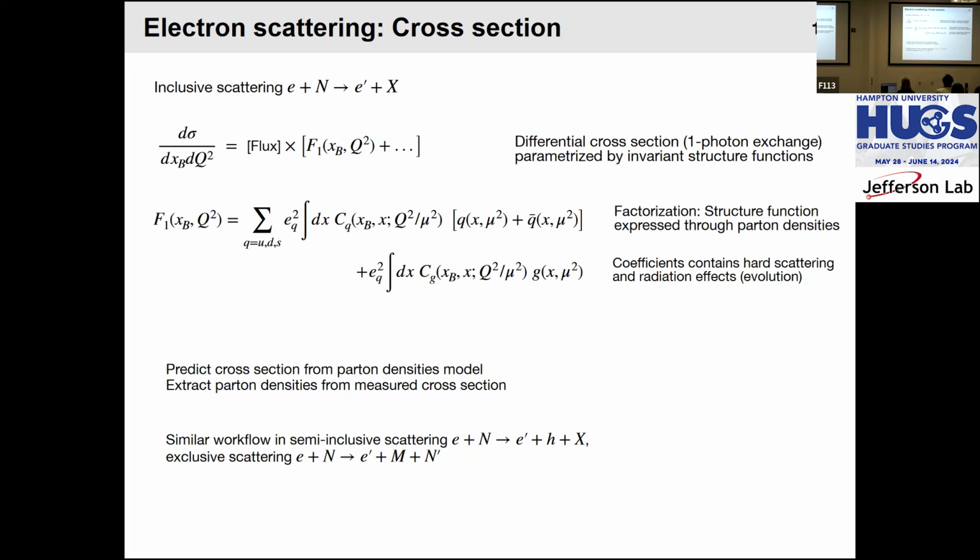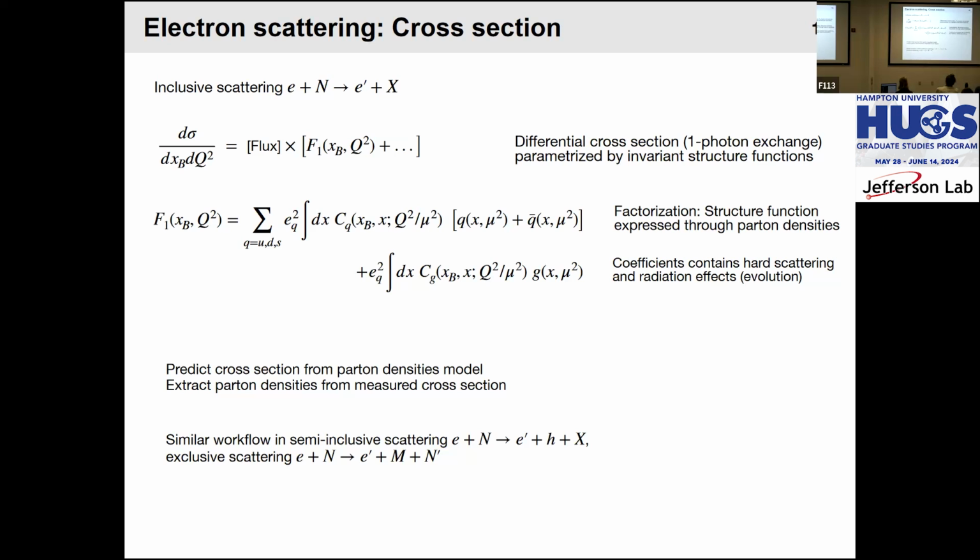There's also a contribution of gluons to this electromagnetic scattering process, even though the gluons themselves carry no electric charge. Through this radiation process, they can couple to quark-antiquark pairs, and our electromagnetic current can couple to one of these quark-antiquark pairs. So there is a coefficient function for the gluon density to contribute to the electromagnetic cross section.